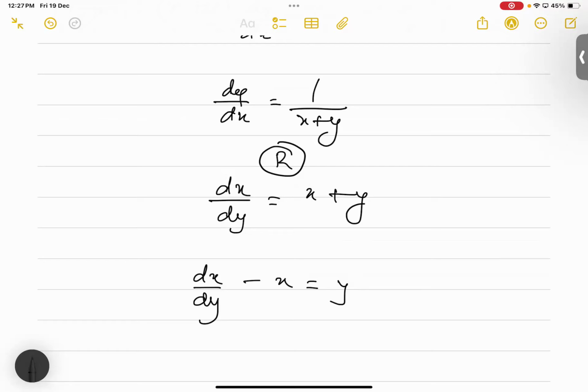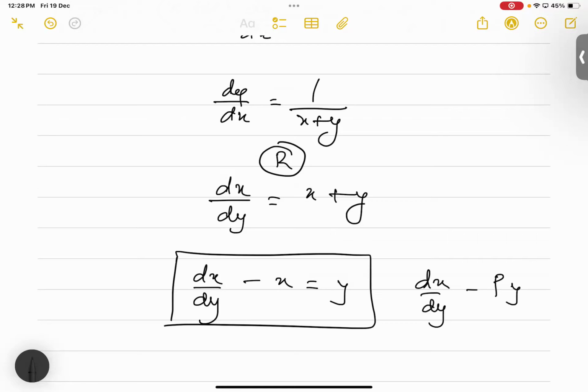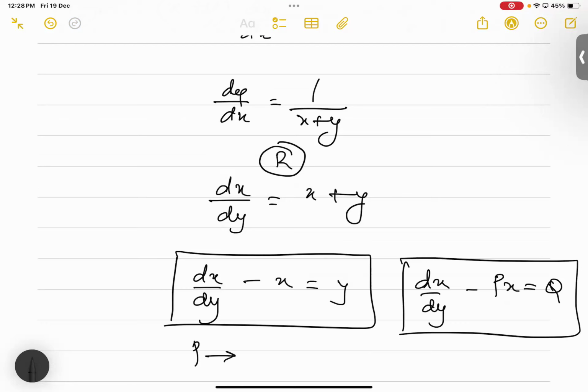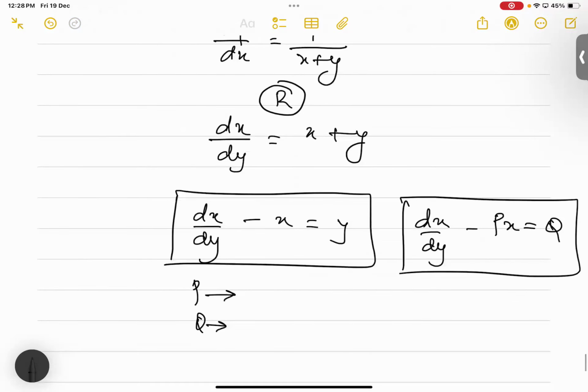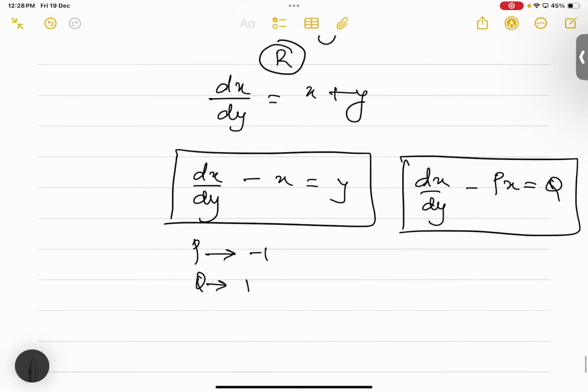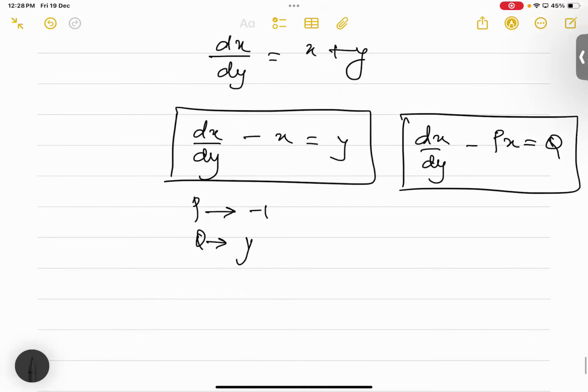In LDE type 1 what was it? Single Y on the left hand side. Here single X. So dx by dy minus px is equal to q. So what is p and what is q? P is minus 1 and q is y.